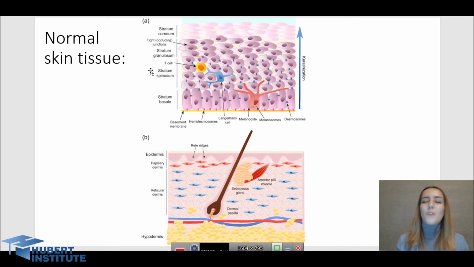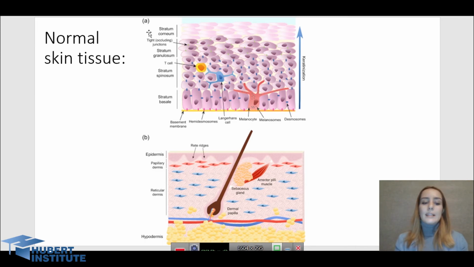Cells here have small spines, the desmosome junctions between the cells. This is the distinctive quality here. Above that, we have the stratum granulosum. The cells here have very specific granules in them, and keratinization starts from here. We can see the keratin proteins in our skin cells from the stratum granulosum and above.